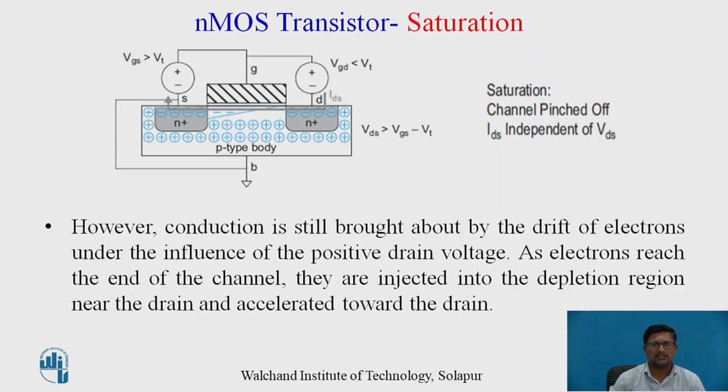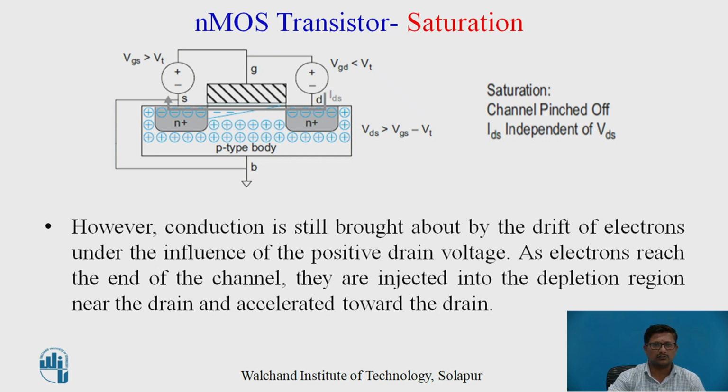Next, the last region of operation is saturation. In the saturation region, VGS is of course greater than the threshold voltage, but the current IDS does not depend upon the value of VDS because the channel is already pinched off. In the saturation region, the conduction is still brought about by the drift of electrons under the influence of the positive drain voltage.